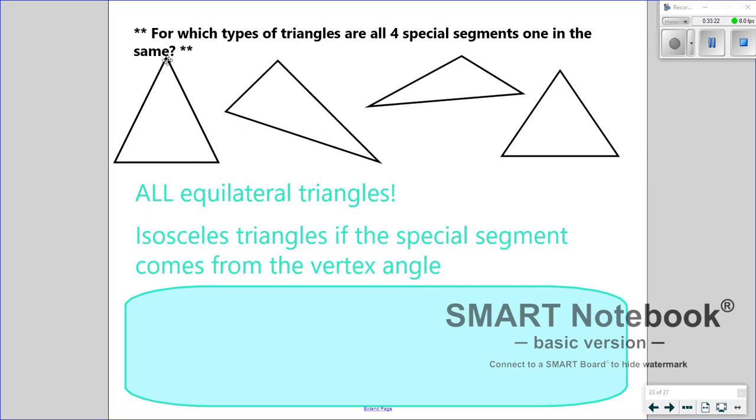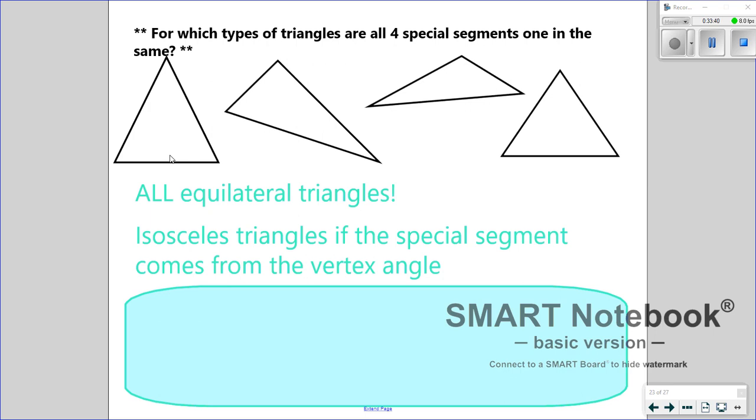With the median, you're starting at the vertex and you go to the middle. But basically, since there are equal segments on both sides, it's all equal sides, then you're basically cutting that triangle in half with the median. Same thing with the perpendicular bisector. Same thing with the altitude.